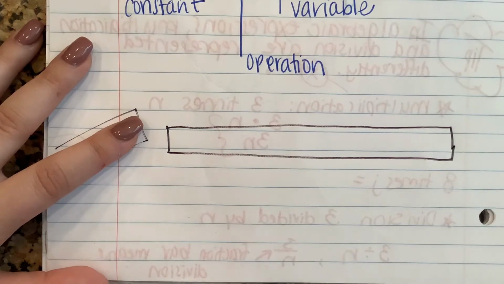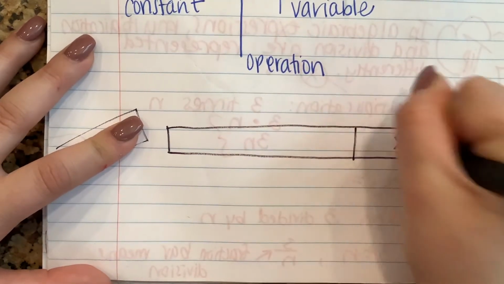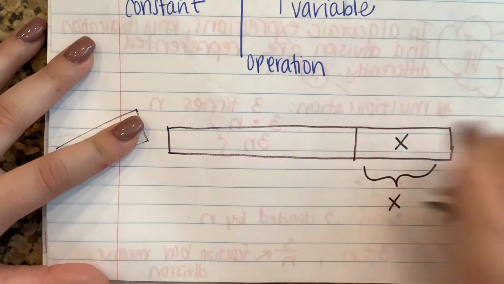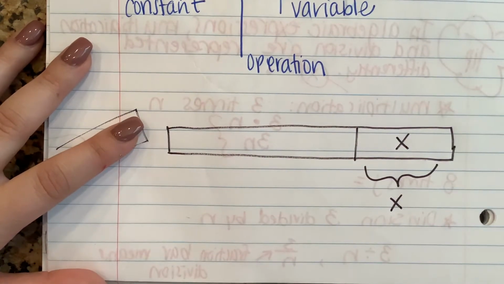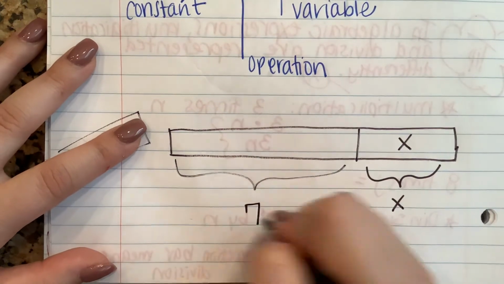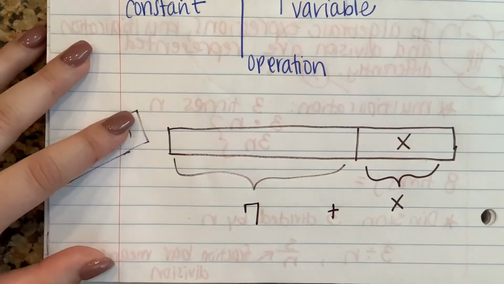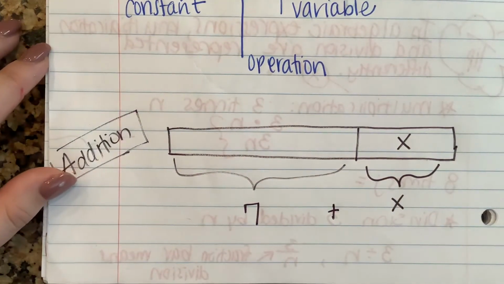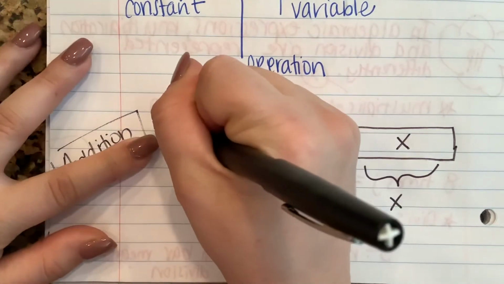We need to have part of it represent our x, our missing number. So I'm going to show that that is x. Now this other part here represents 7, and my operation is plus, so you're welcome to put a plus sign in between them. Now of this 7, I need to break it up into 7 squares.